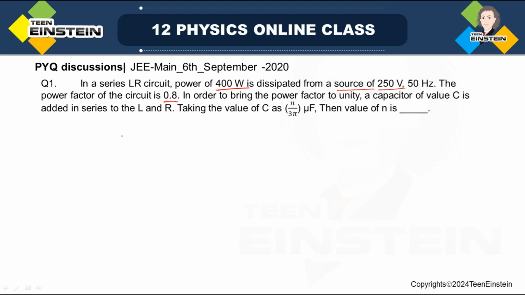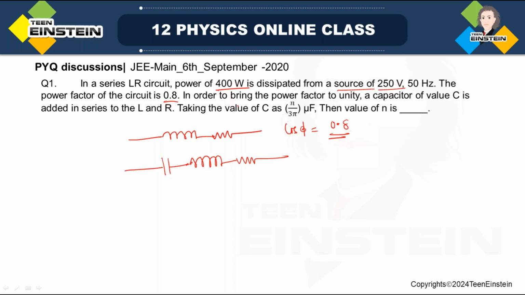So the question is actually saying that you had simply an LR circuit first, and parameters are given, and for that the power factor cos phi is given as 0.8. Now to make this power factor unity, one capacitor has been added in series with the existing LR circuit.